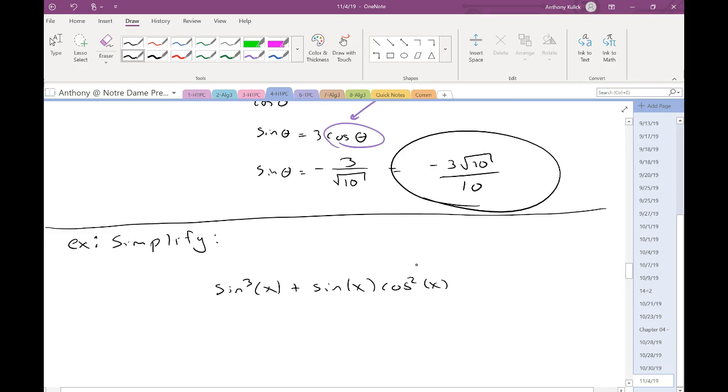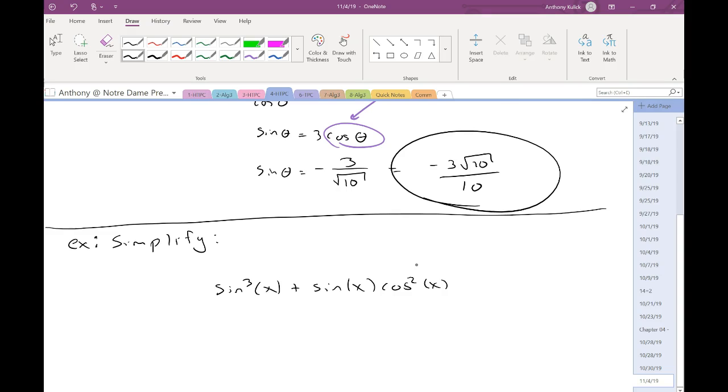The expression that I'm left with should have fewer terms and/or fewer factors and/or no fractions. So these are all things that a simplified answer would look like. Right now, this answer has two terms, right?